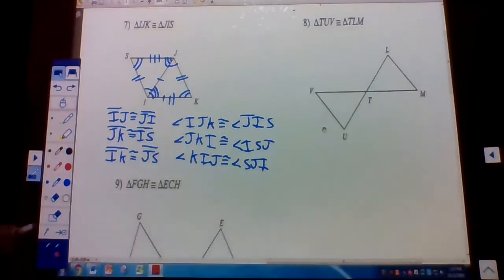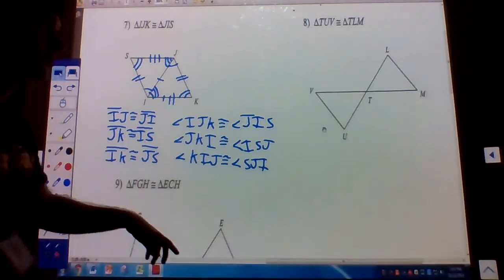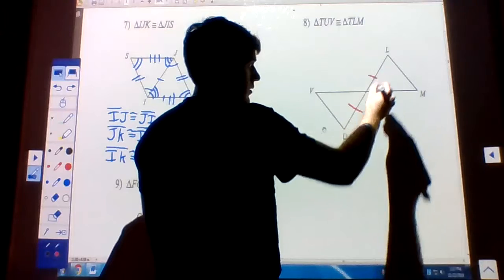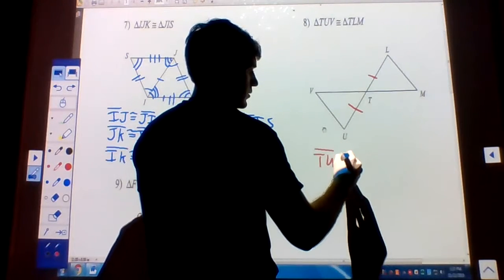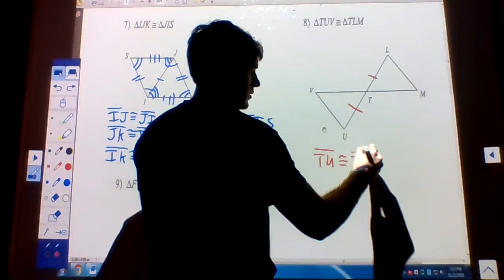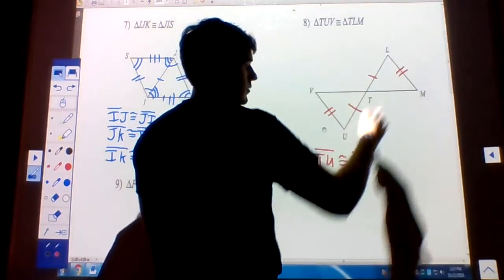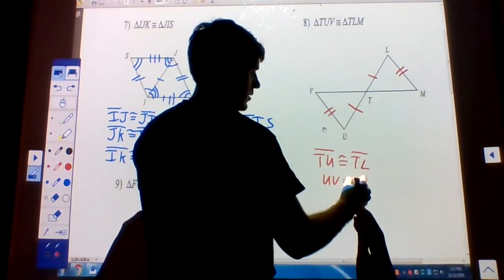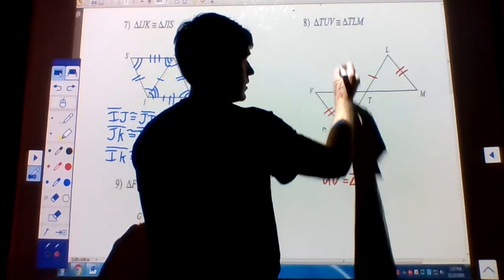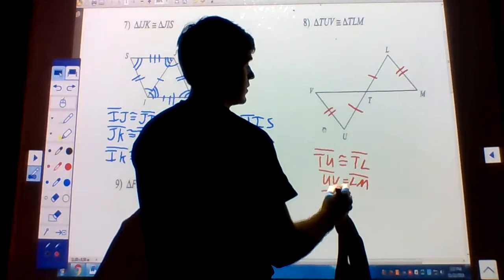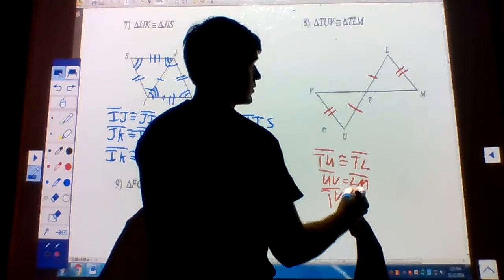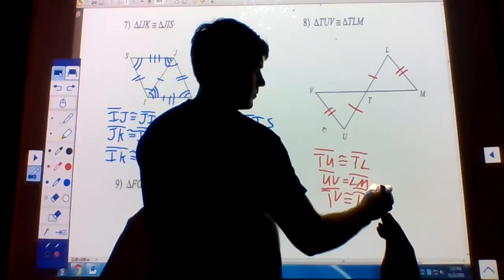Okay, the next one here. So we have TU and TL. So TU is congruent to TL. We have UV is congruent to LM. Okay, and then first and last is TV, and that's going to be congruent to TM.